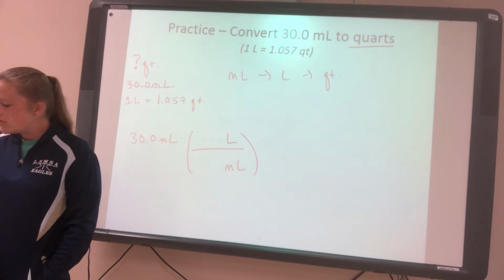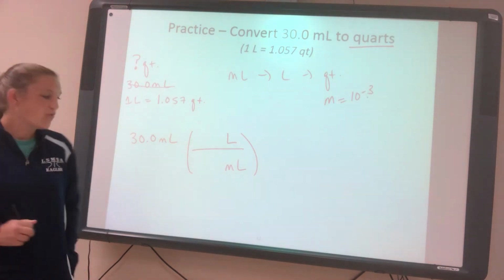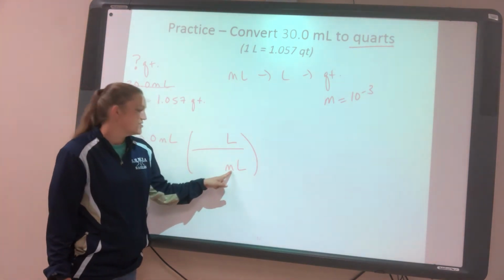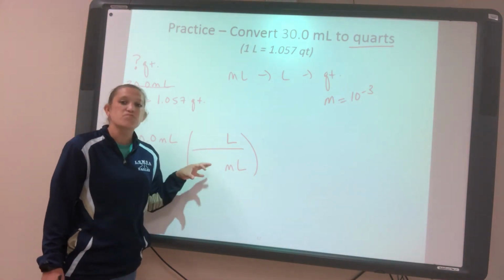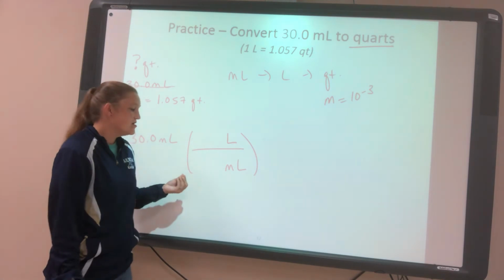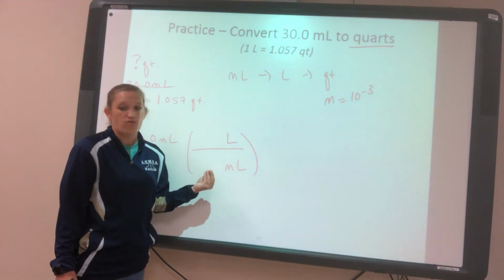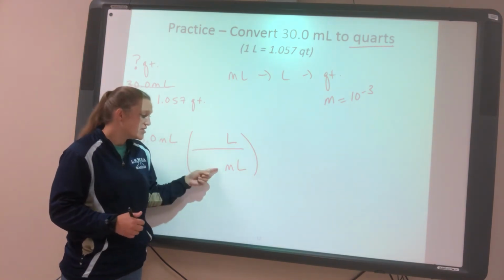So if I come over here, I could write that down. My little m stands for 10 to the negative 3. What that means is that my little m, 1 milli, is equal to 10 to the negative 3. This is the biggest thing that people make a mistake on, is that they want to put the 10 with the milli, but the milli stands for it. However you want to remember it, the 10 goes on the opposite side.